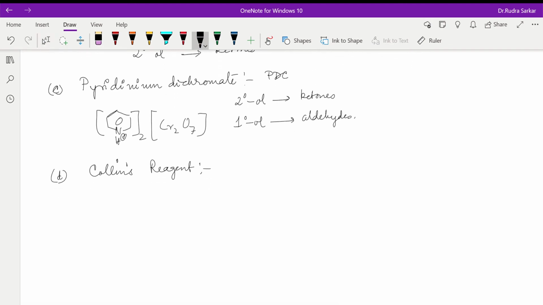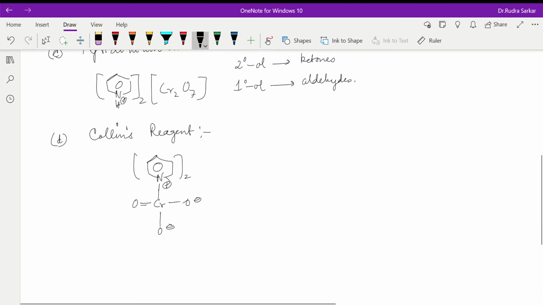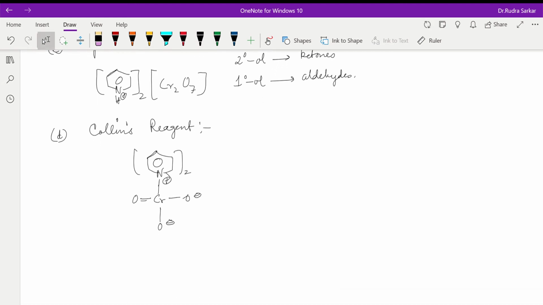Okay, which is basically an adduct of pyridinium with chromium trioxide. Okay, so this also functions similarly.